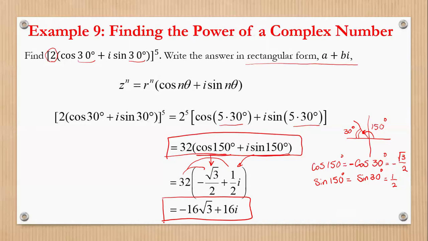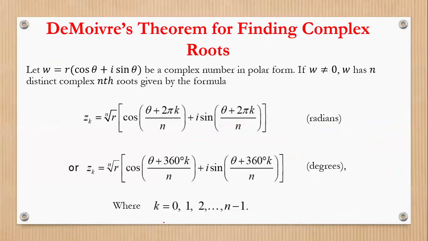So far, we learned how to multiply, how to divide, and how to raise a complex number in polar form to any power. Now let's see how we can find roots. If I have a complex number in polar form, and I want to find the nth root of that number, like second root, fifth root, fourth root, 10th root, how do we do that?